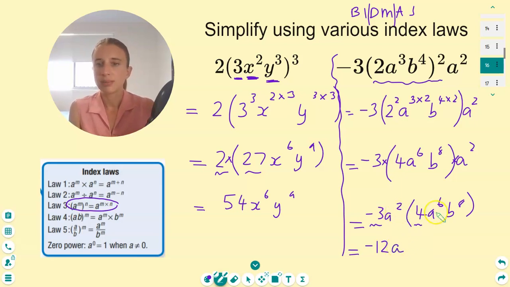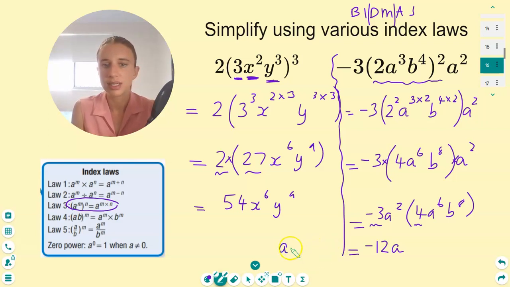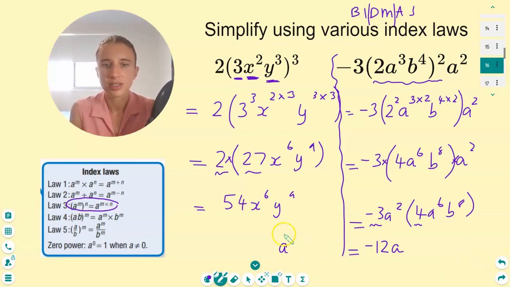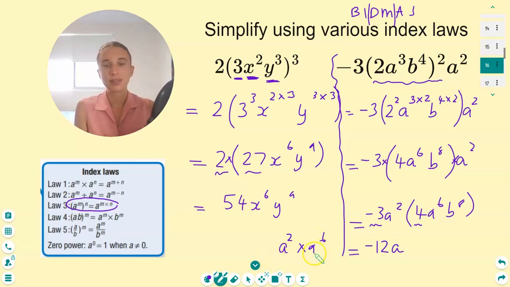A squared times a to the 6. Let's bring it back to its simplest form. What index law does that apply to? A squared times a to the 6: we're multiplying powers with the same base, therefore we add the powers.